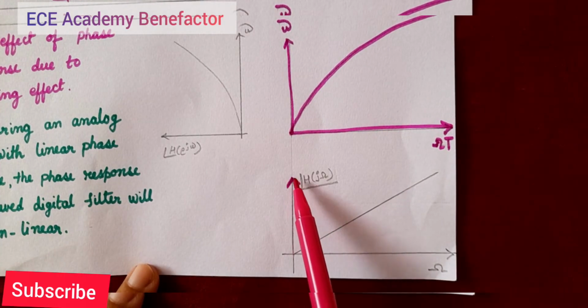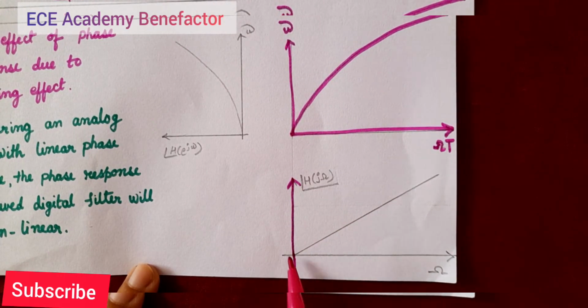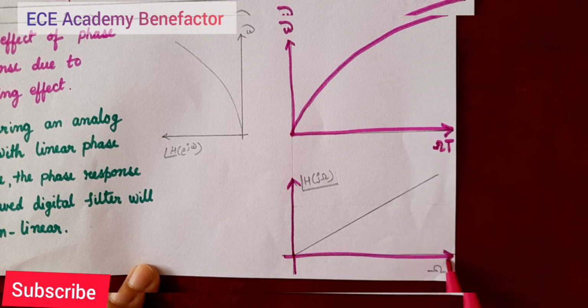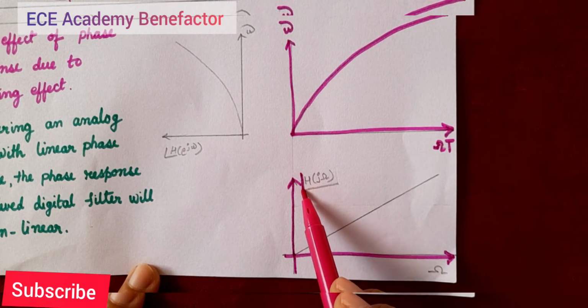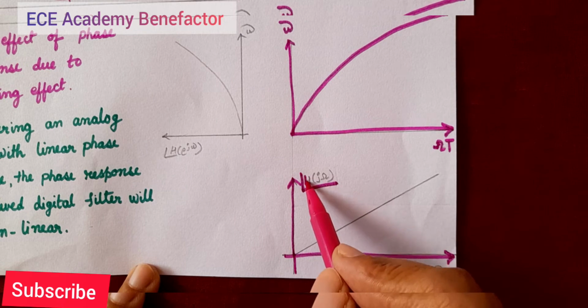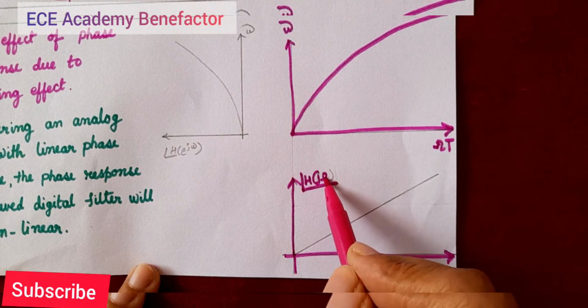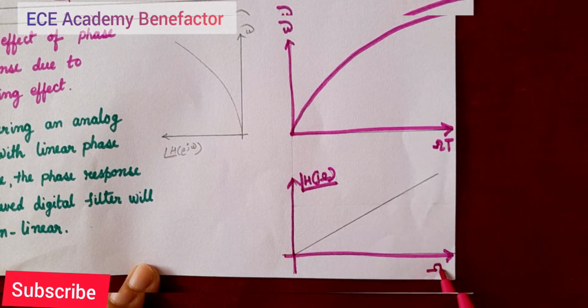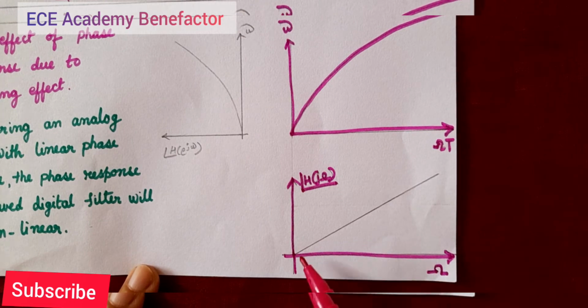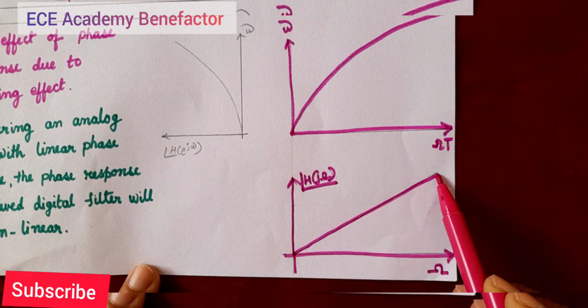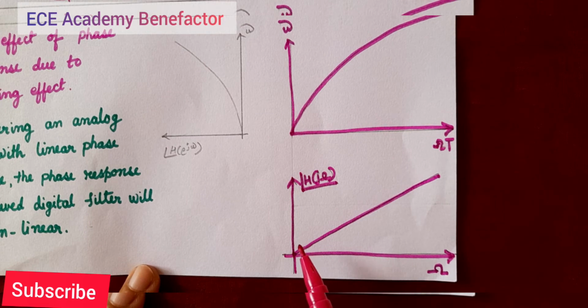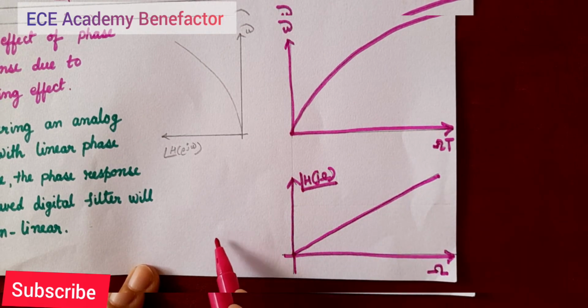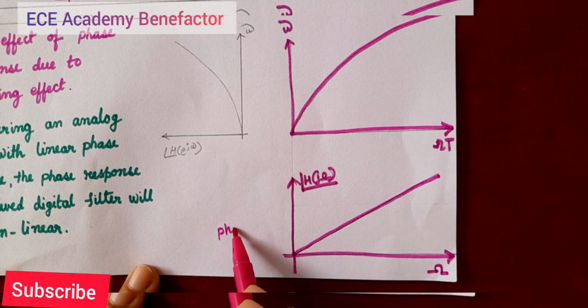This is the phase response of the analog filter. The phase response is denoted by angle H of j ohm versus ohm. Let us take this as a linear phase response for an analog filter.